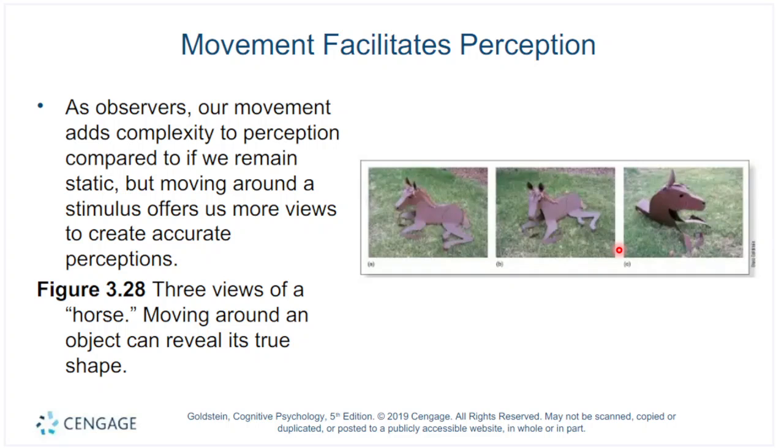Okay, so we also have the concept of movement. So when we observe things, our movement adds complexity to the perception. Compared if it's just standing or nakaupo lang, walang ginagawa.